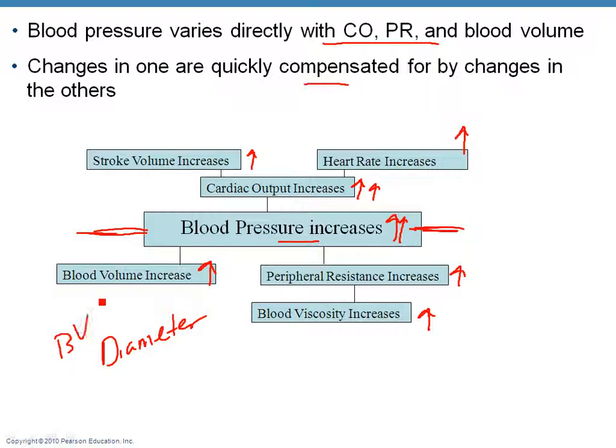What happens with that? If you decrease the blood vessel diameter, or vasoconstrict the vessel, that's going to increase peripheral resistance and increase your blood pressure. So all these work together to maintain your blood pressure at a homeostatic level.